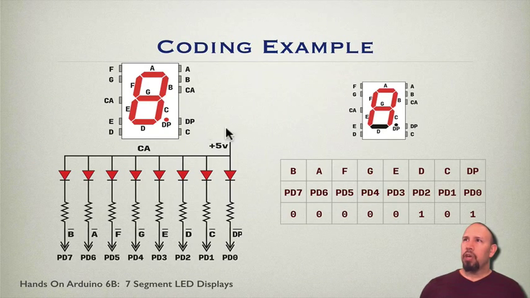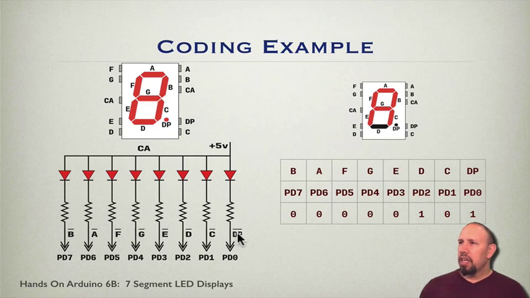So for a particular example, this one uses a common anode. So we would basically hook it up with all the resistors, and these are wired up this way. And notice that in order to light these appropriately with consecutive pins, we would wire them up this way.